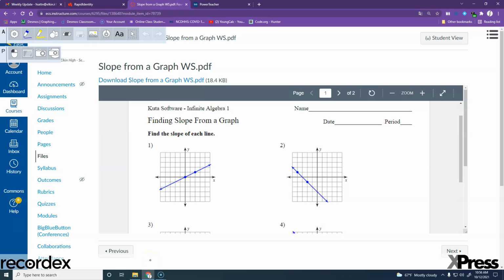Slope is also called our rate of change.